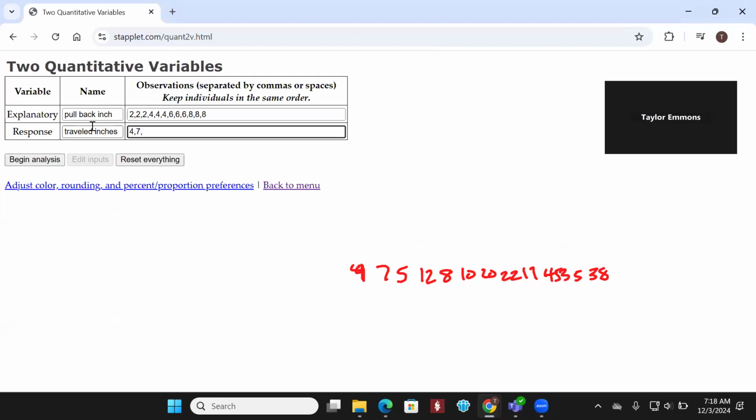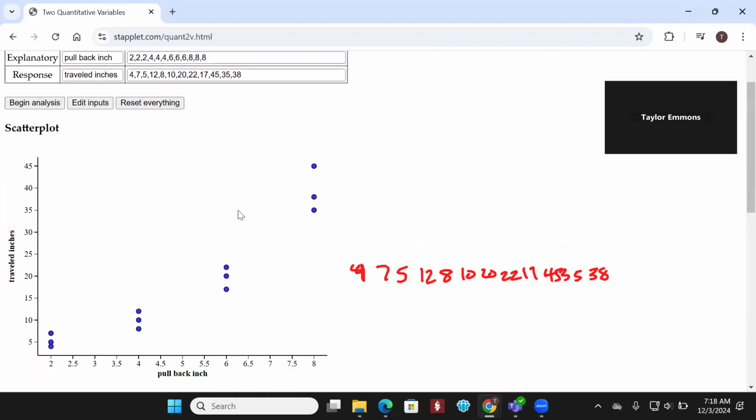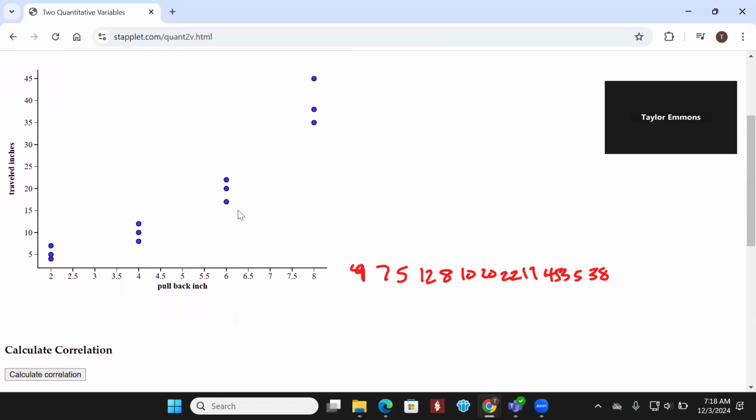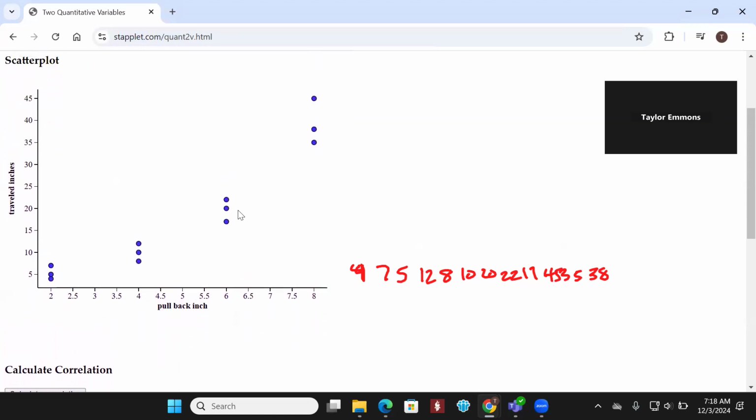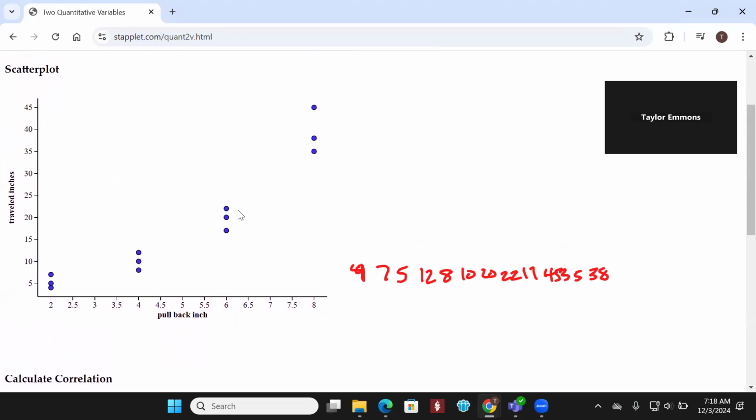I'm hoping that this is the right one. There we go. All right, so here is your scatter plot. Yay, so pretty. Okay, can you copy that down?